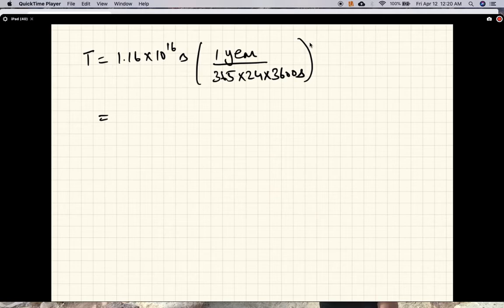So 1.16... 367.8 million years. And this is the right order of magnitude.